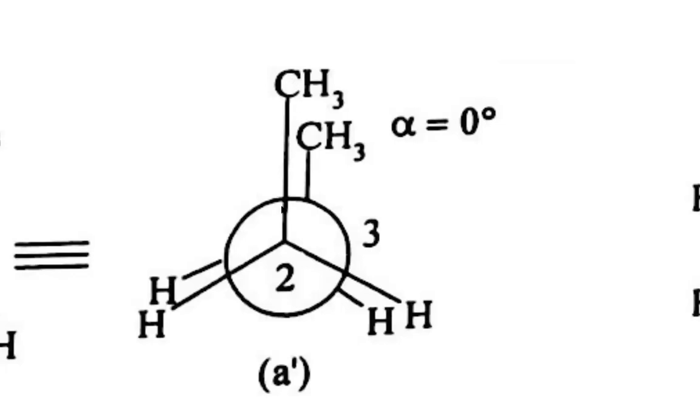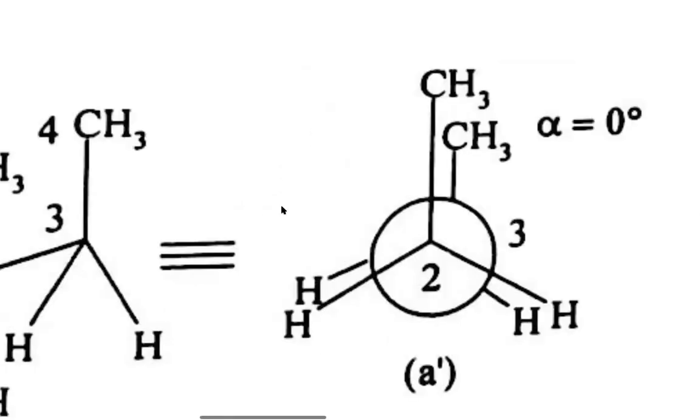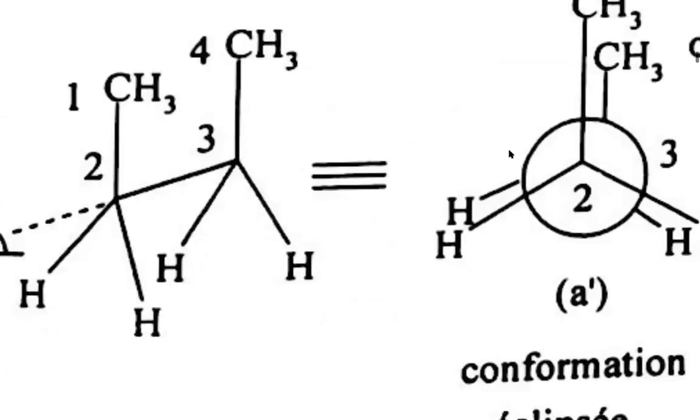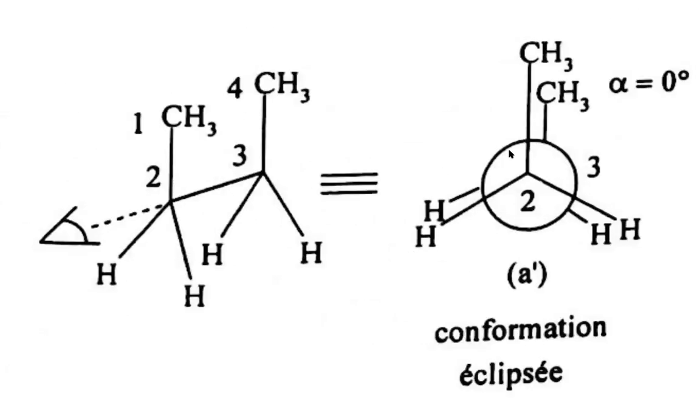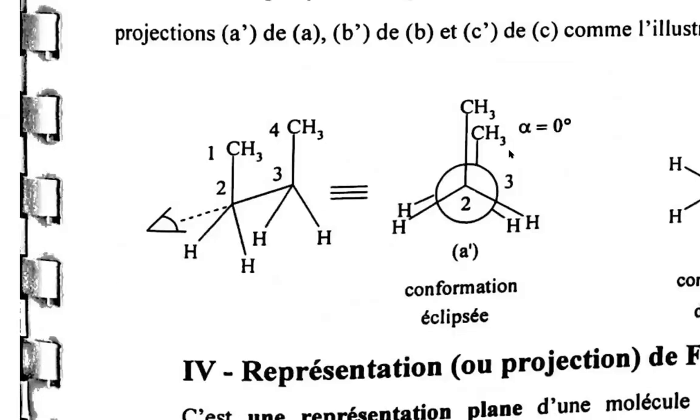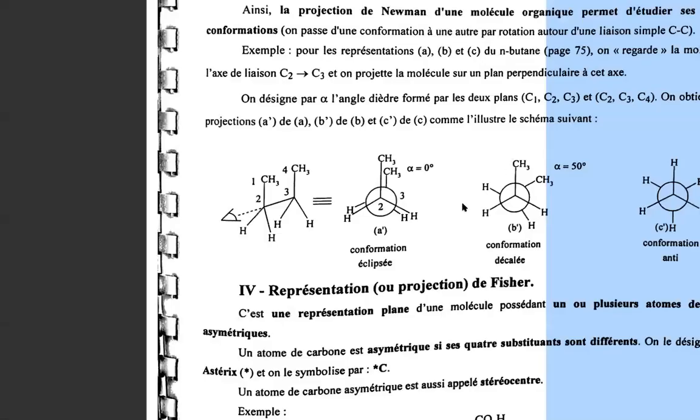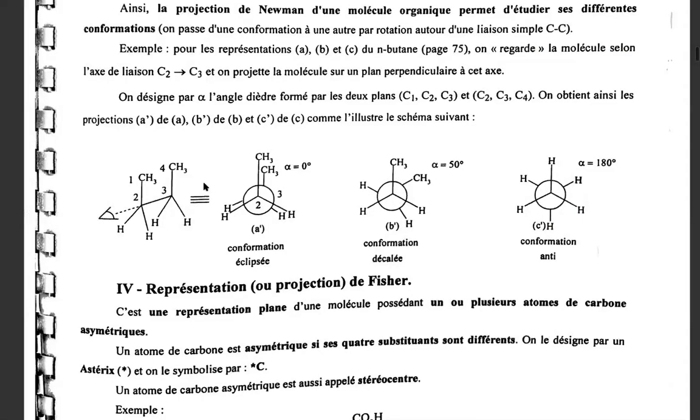If I said the correct answer was this, it would not be in accordance with our findings. So what I'm trying to say is that even if we're looking at the molecule at 0 degrees, we are also supposed to consider what's on the other side.